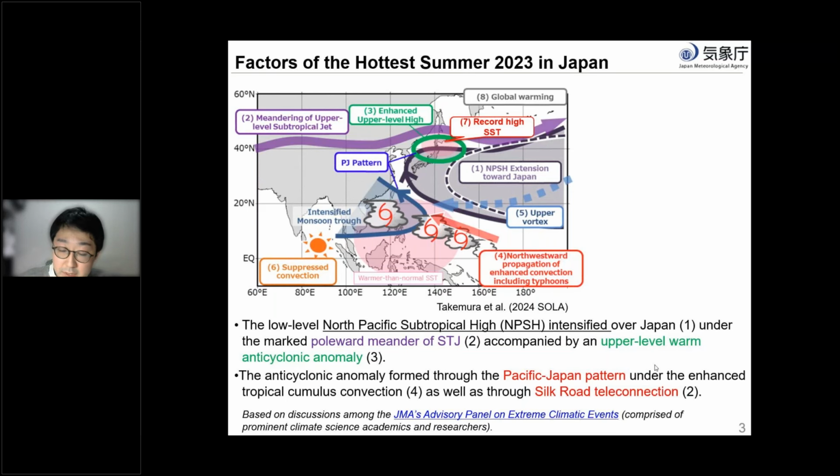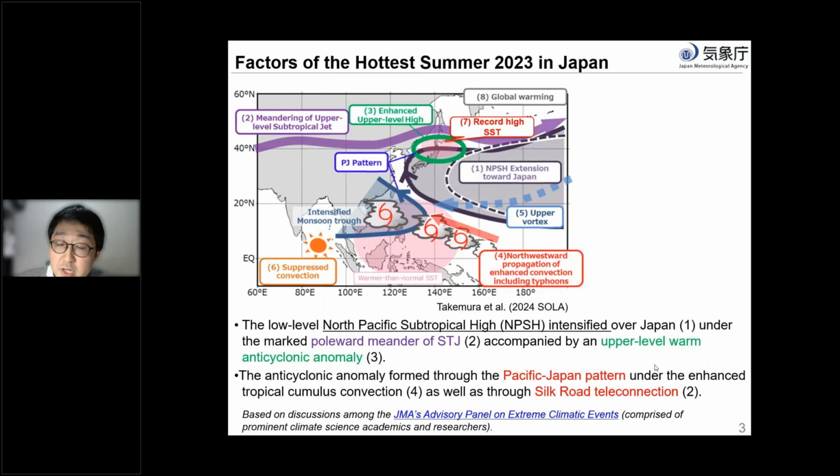Simply stated, the hot condition in 2023 summer was due to the intensified low-level North Pacific subtropical high over Japan under the significant poleward meander of the subtropical jet stream, which can be attributable to the Pacific-Japan pattern and the Silk Road teleconnection pattern along the subtropical jet stream over Eurasia.